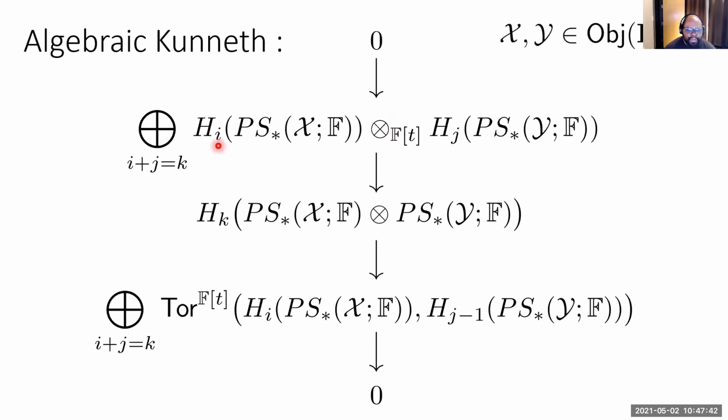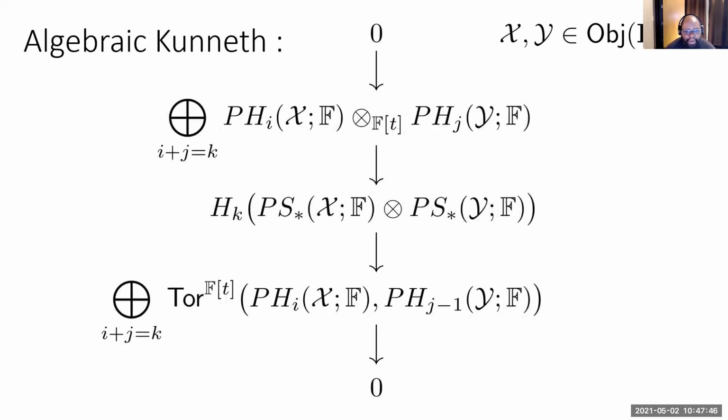Now if you compute the homology of the persistent chains, you get the persistent homology of the filtration. So now we have the type of short exact sequence that you would expect: the persistent homology of X, the persistent homology of Y, some tensor product over F[T]. You have the Tor term over F[T] as well, but here in the middle, you have the homology of the tensor product of these two chain complexes.